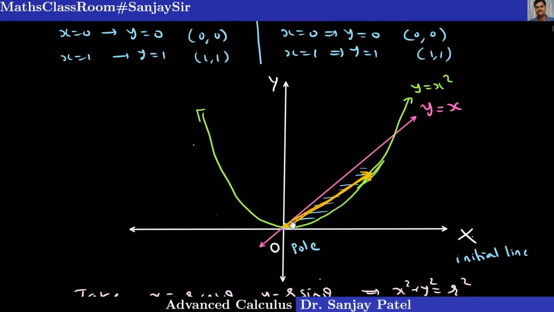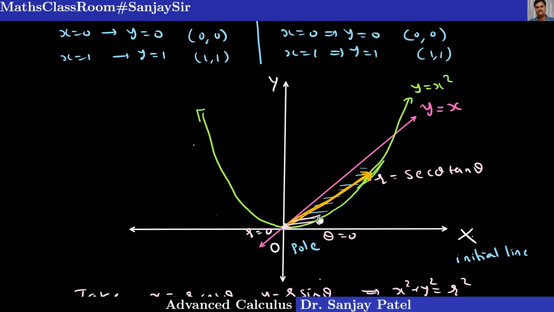Okay, and how do this r and theta change? R changes from this point, r is equal to 0, to r is equal to this curve, that is sec theta into tan theta. And how does theta change? The minimum value of theta is at this point, which is on this line, that is theta is equal to 0, and the maximum value of the angle that you can go in this direction.